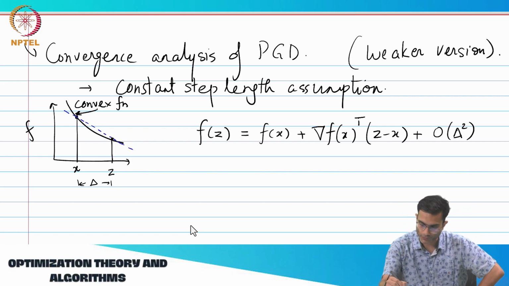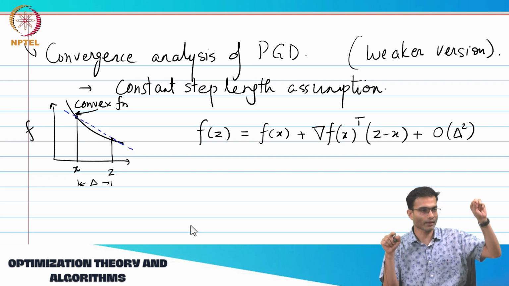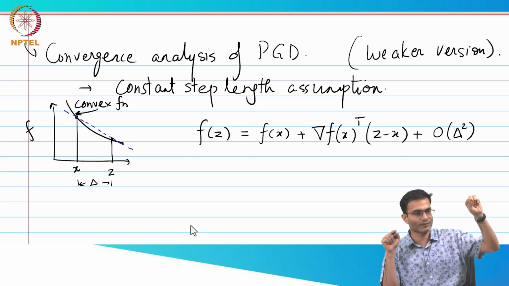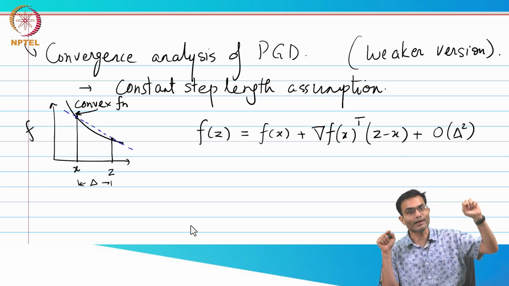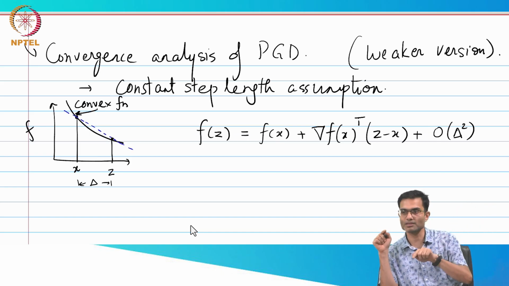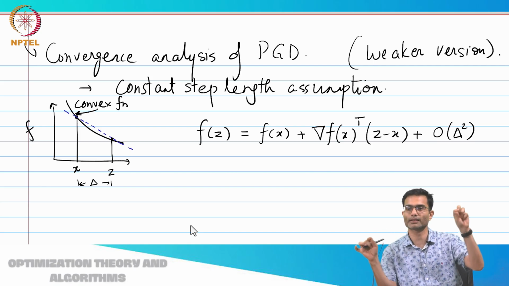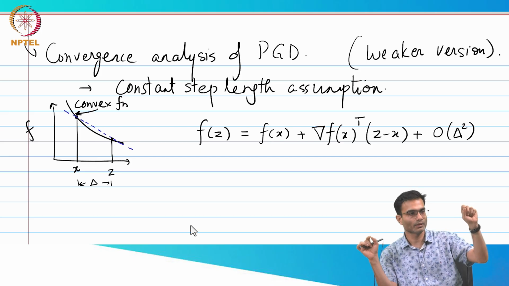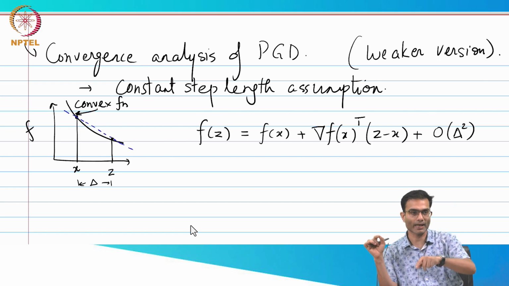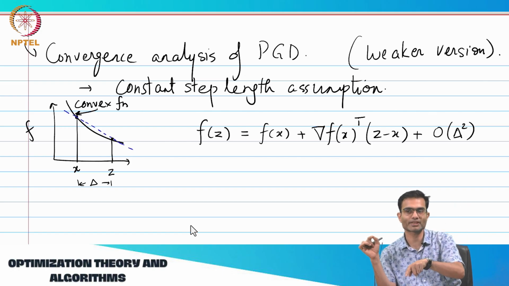So what I have drawn is the line connecting f of x and f of z. Which way will grad f look? Will it be this dotted line or will it be something else? This is just a straight line connecting f of z and f of x. If I wanted to sketch grad f, which way would it look?